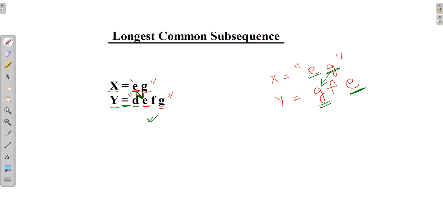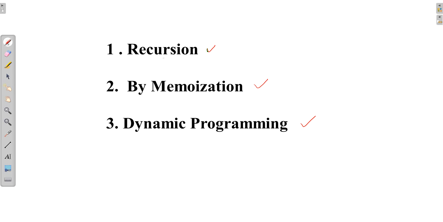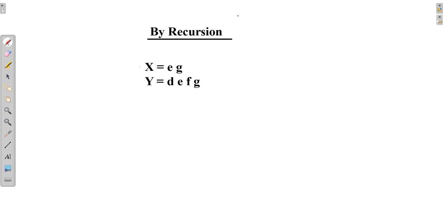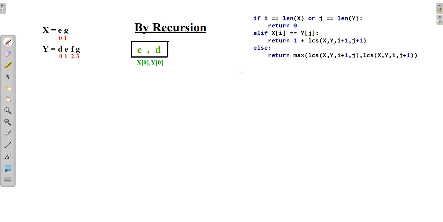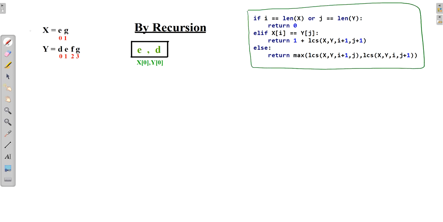So let's go ahead and firstly we will understand this by recursion. Here we have a string x, EG and the other string DEFG. I have this algorithm in front of my screen. I'll take these two strings and on the basis of this algorithm, I will solve it. Here I took E and D, first letter of both strings.